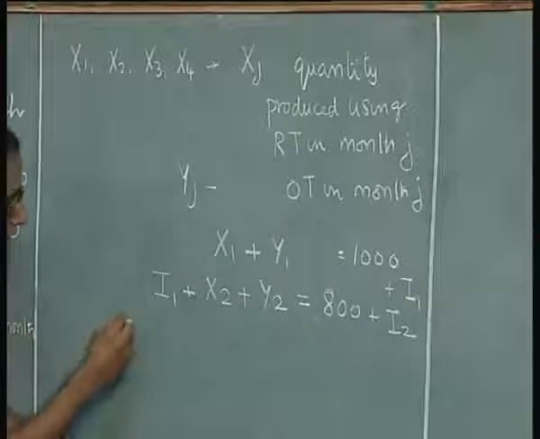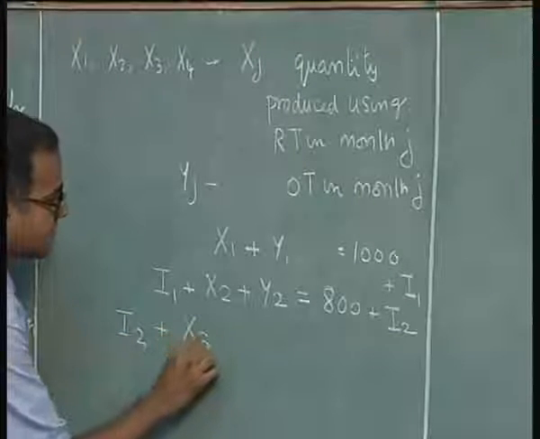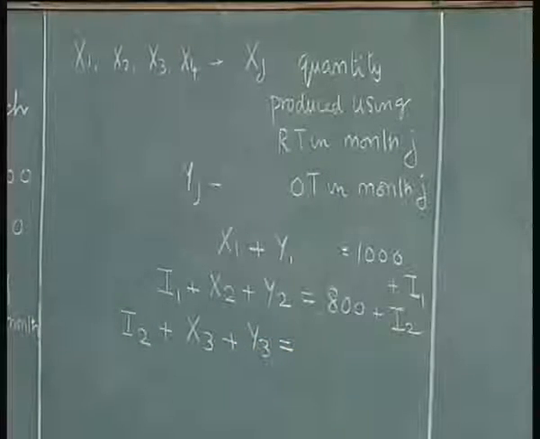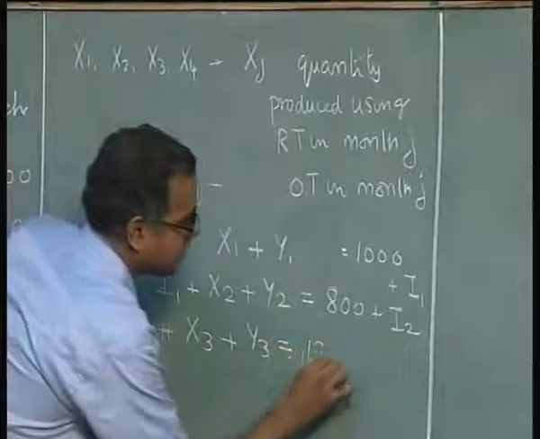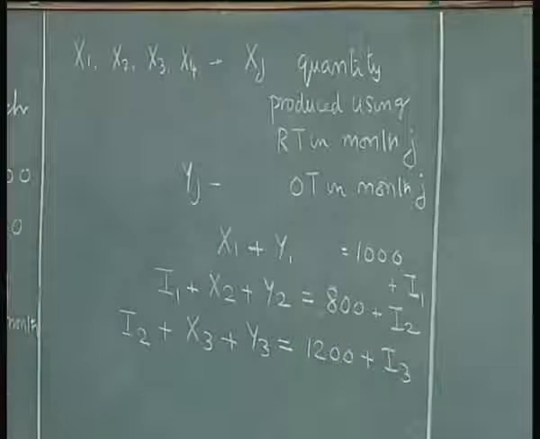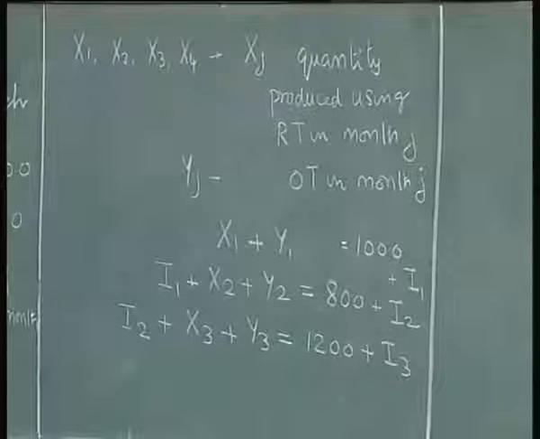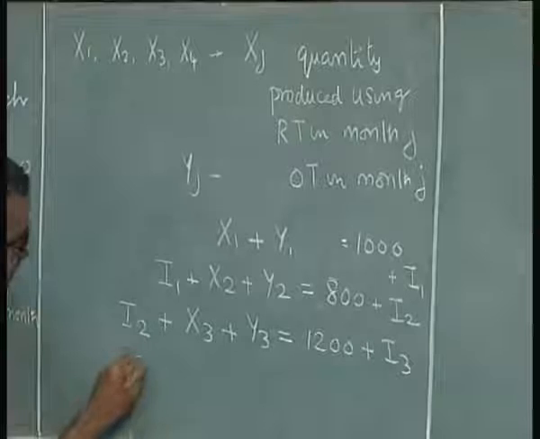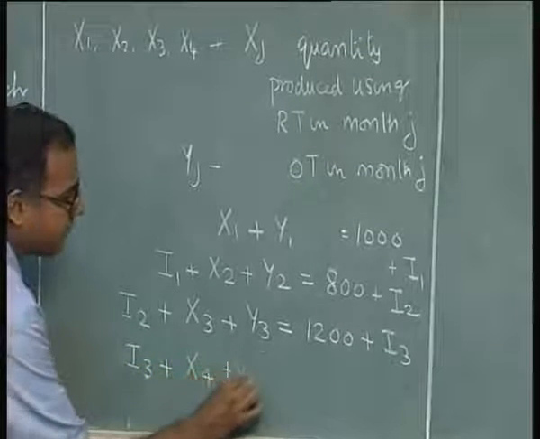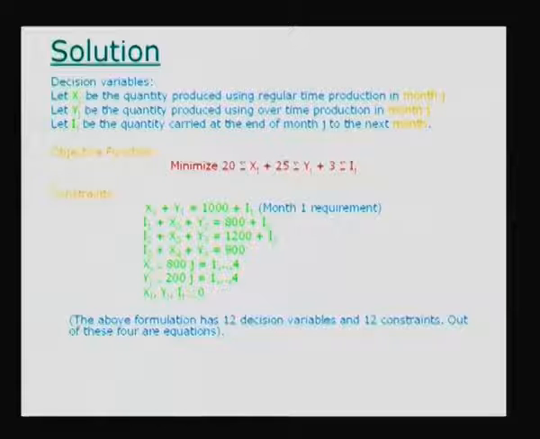Similarly, for the third month, we begin with I2 to produce x3, and x3 plus y3 will now be equal to 1200, which we have to meet, and then if it exceeds 1200, the balance I3 is carried to the fourth month. Now, for the fourth month, we begin with I3, produce x4 plus y4, and that is equal to 900.